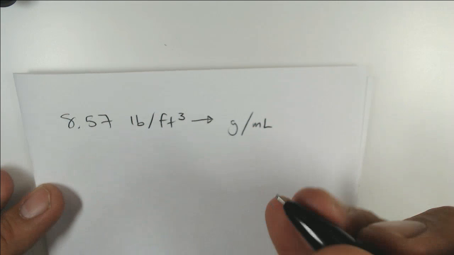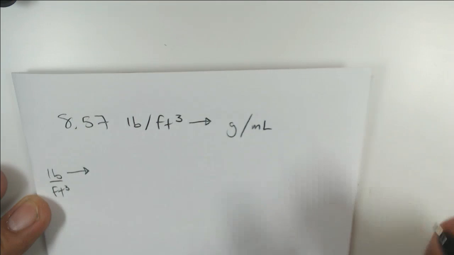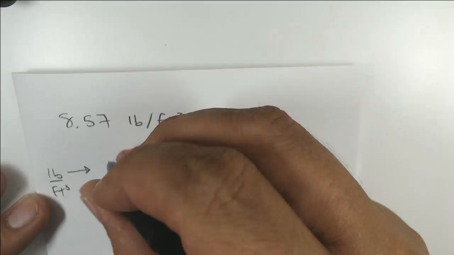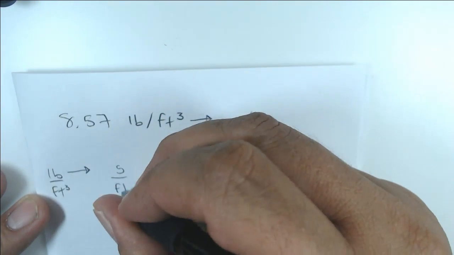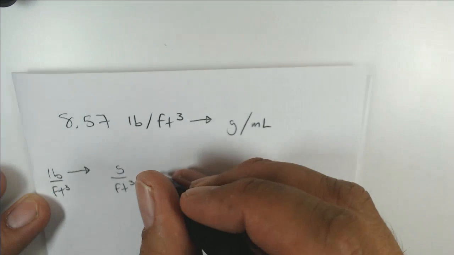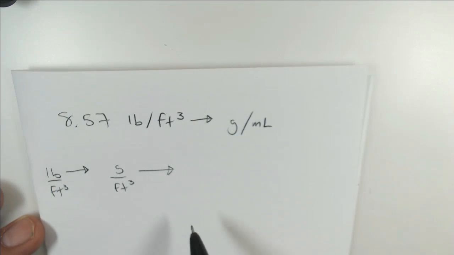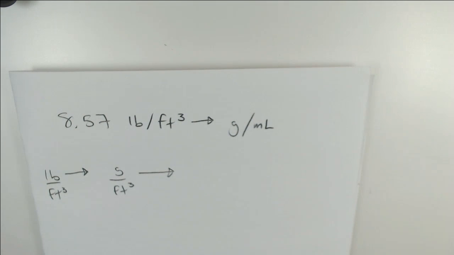So the first thing I would do would be to go from pounds. Let's go ahead and keep the feet cubed in the bottom there. So the first conversion is going to go from pounds to grams, like that. We need some kind of bridge point to go between the feet cubed and the milliliter.